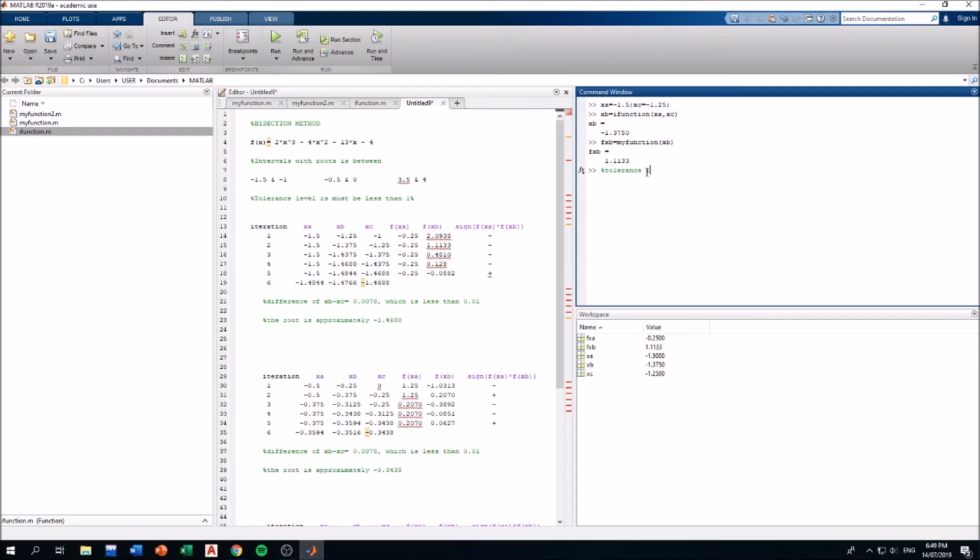The tolerance level must be less than 1% or 0.01, which means that you have to subtract x sub b with x sub c.